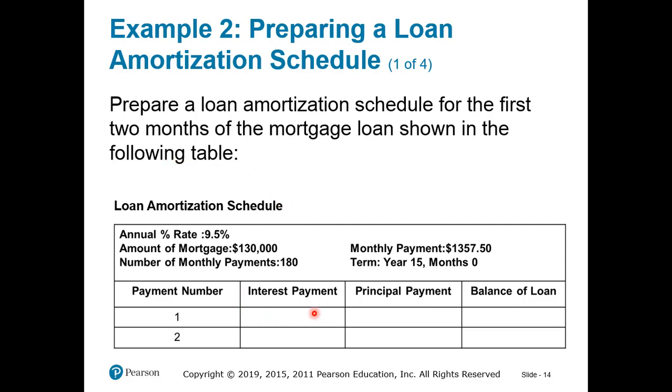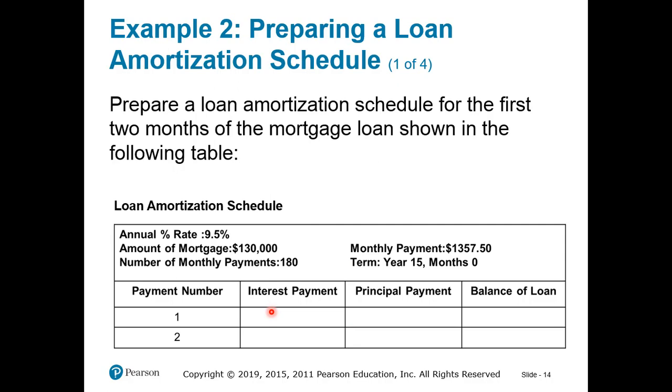So your first payment is $1,357.50. Your interest payment, your principal payment, and then you'll have the balance afterwards. Okay. Now, how do we fill out the table?